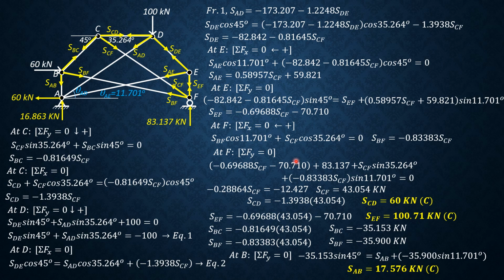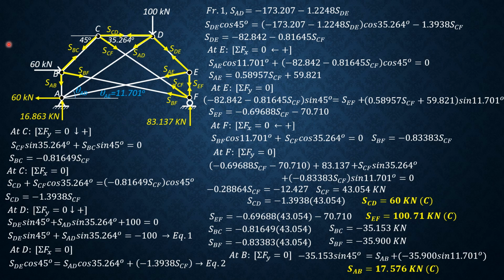So our answer in the first part is 17.574 kilonewtons, so that is acceptable because of rounding off of values. So they are practically the same, respectively, to our answer in the first method.